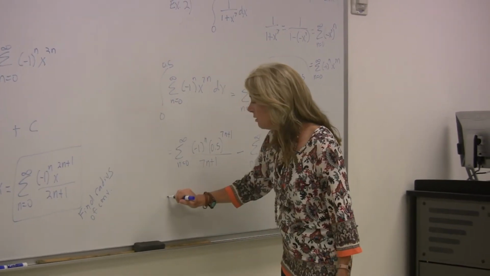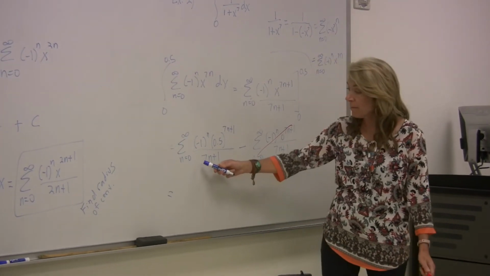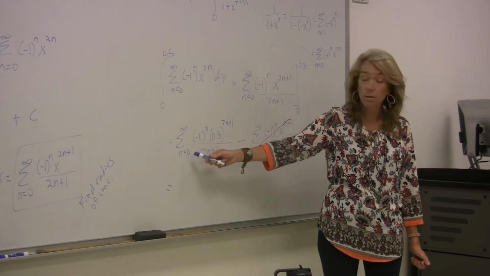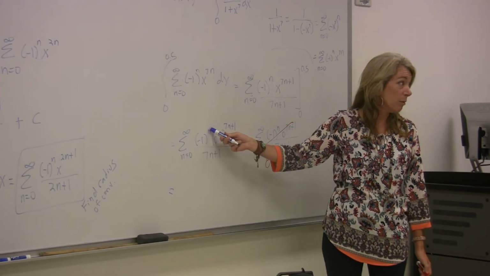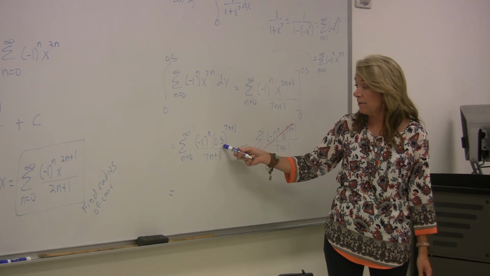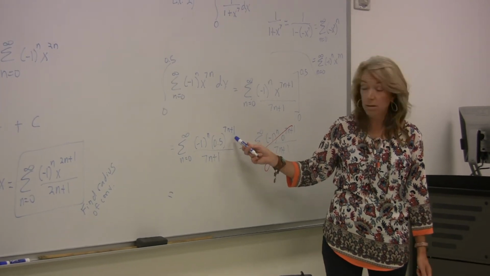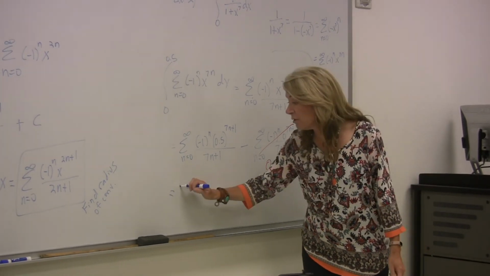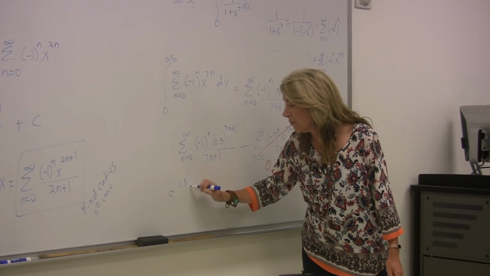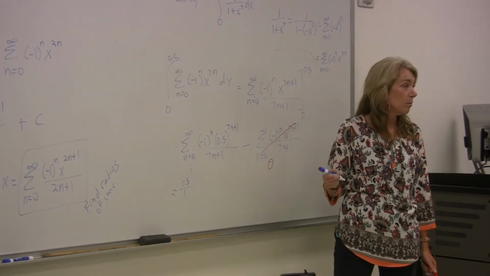So this is equal to, now we're going to write out each term. If we start with 0, negative 1 to the 0 is plus 1. I'll have 0.5 to the 1 over 1. So my first term is 0.5 to the 1 over 1 when I plug in 0.